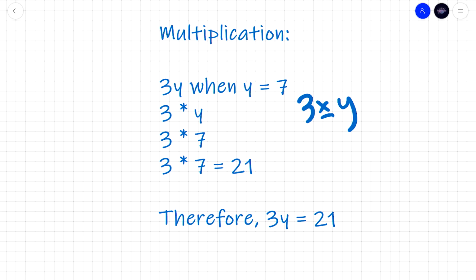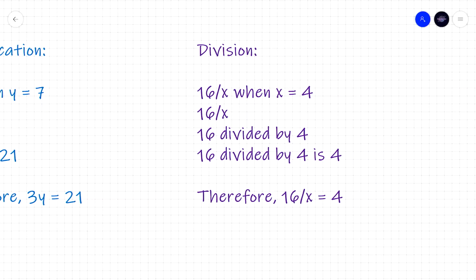So people tend to generally just use a dot. But because my computer doesn't have a dot, I just use an asterisk, and people will always know what you're talking about. With that being said, 3 times y, and then when y is equal to 7, just substitute 7 into y, and then 3 times 7 is 21. Therefore, 3y is equal to 21, because 7 times 3 is 21.